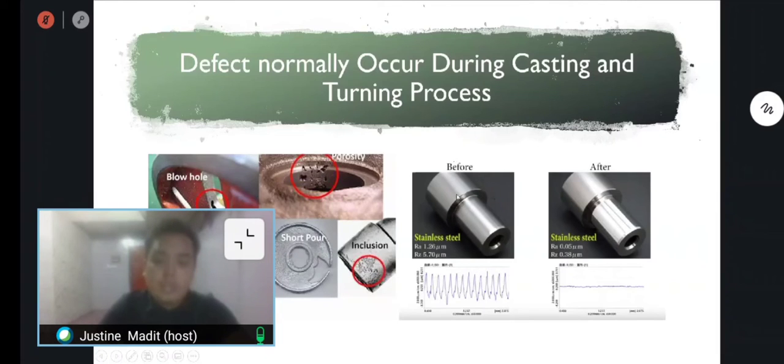Maybe if the metal is thick, the speed is incorrect, or when the stainless steel is thin, and you make the speed slow.